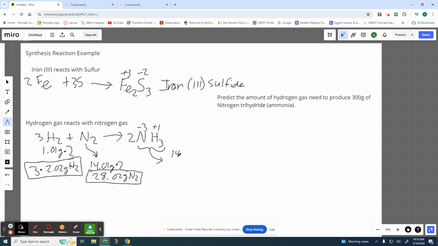Again, I just want to get how much is one package of ammonia, but I have 2 in the recipe. I get that. I've got hydrogen at 1.01 grams, but it's times 3 because there's 3 in the subscript. If we multiply and add those all up, we should get 17.04 if my calculations are correct.